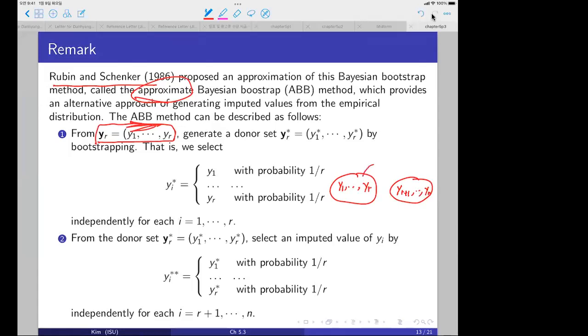Rather than just drawing once, let's do it in the Bayesian way: we create randomness two times. First, draw randomness to get Y1 star to YR star. That's the first step. And from there, you draw imputation.